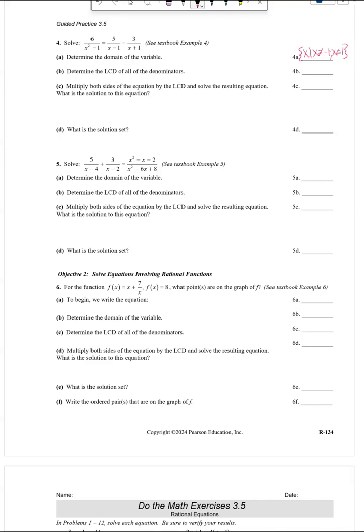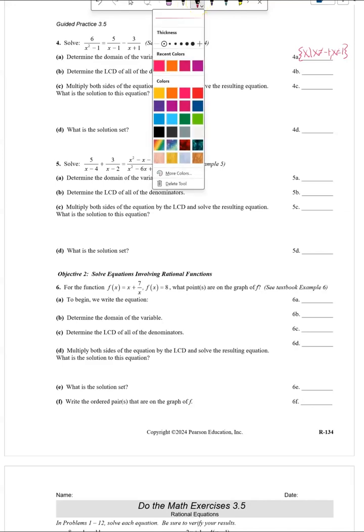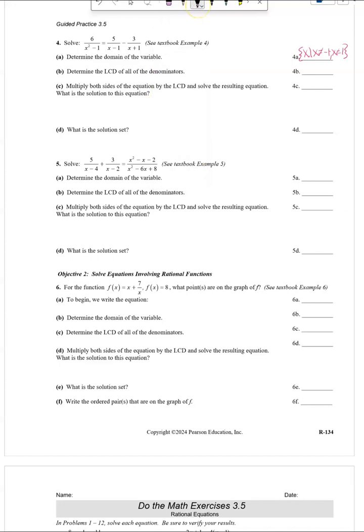So our LCD, what would it be? The LCD would be these two multiplied together. And we know that because x squared minus 1 is the difference of squares, so that is x plus 1 times x minus 1.